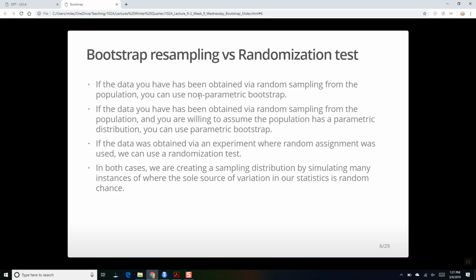Randomization tests, however, generally apply when you have a random experiment. In a random experiment, your sample was not obtained randomly. When you do a controlled experiment, your participants are not going to be a random sample of the population. So you cannot assume that your participants are representative of the population. However, the assignment of treatments was done randomly.